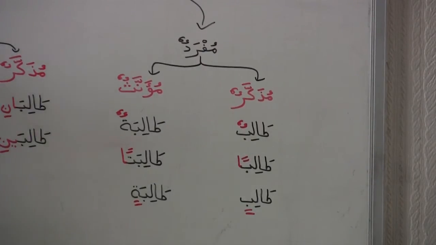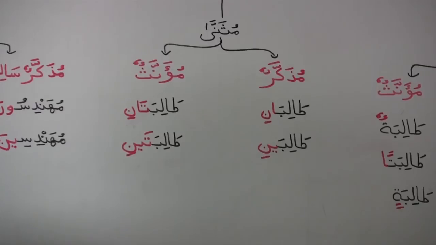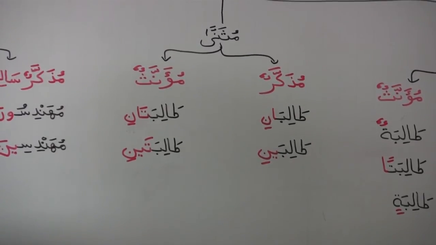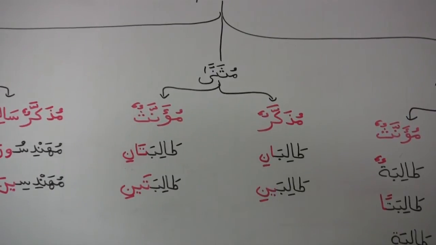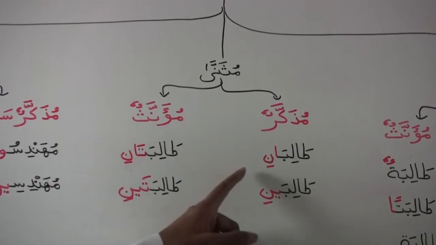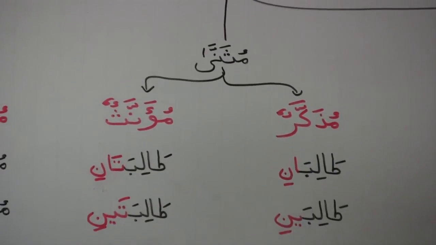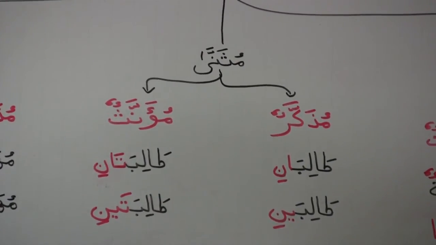Muthanna likewise is mudhakkar or muannath, masculine or feminine. So talibani, talibaini, two masculine students. Muthanna is marfu with an alif, mansoob with a ya, and majroor with a ya.